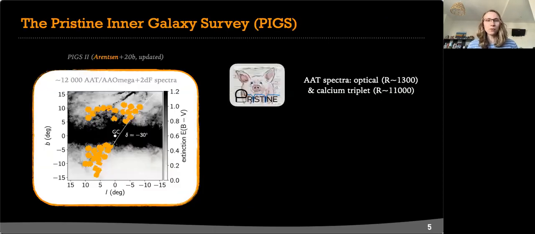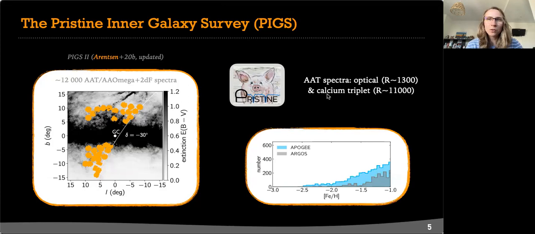And this is what I've been doing in the Pristine Inner Galaxy Survey, or PIGS. Here on the left-hand side, I'm showing the spectroscopic footprint follow-up with the AAT of metal poor candidates. And so far, we have about 12,000 spectra of metal poor candidates with low resolution and intermediate resolution spectra that are very good for getting stellar parameters and metallicities and good radial velocities, which is important for the kinematics.